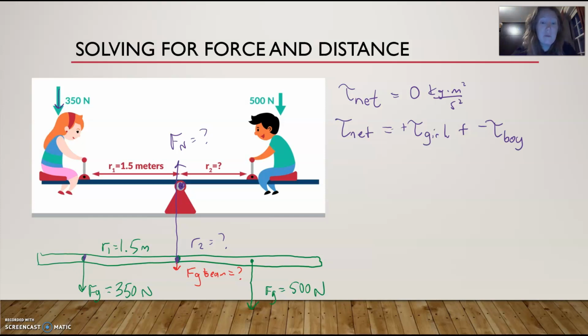And if I put my point there, that's great, because the weight of the beam doesn't produce any torque right at the center. And so great, I have 0 torque from the beam. I also have 0 torque from the normal force, which I hadn't solved for yet. So this is wonderful.